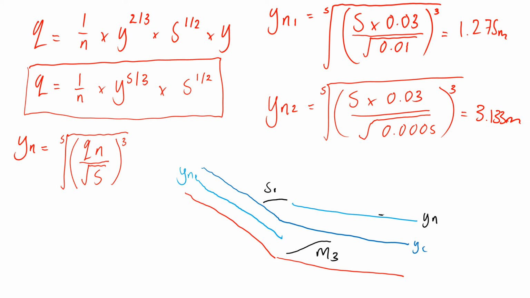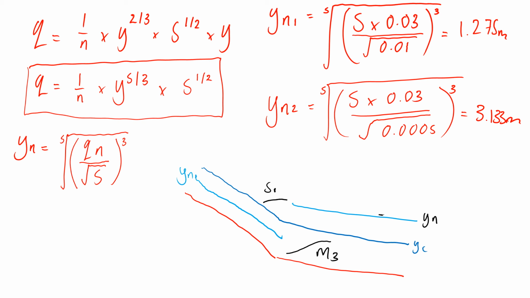If you assume it occurs in reach 1, then the water level has to increase, so it's going to be an S1 to reach this level. Or if you assume it occurs in reach 2, then it's going to be an M3, as the water level has to increase and reach that level. So it's an S1 or an M3.